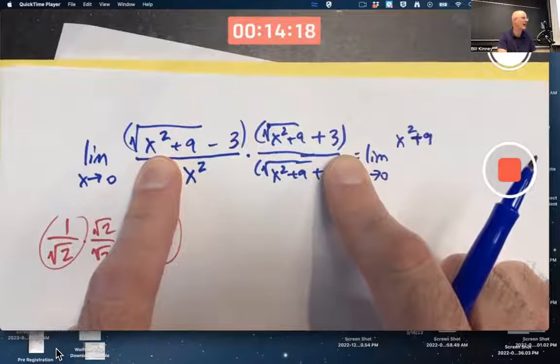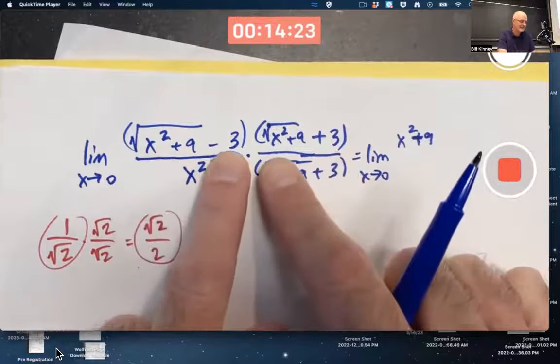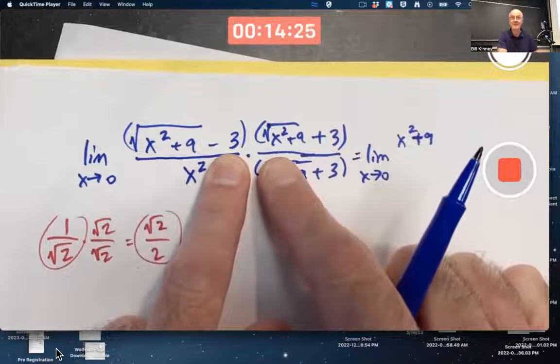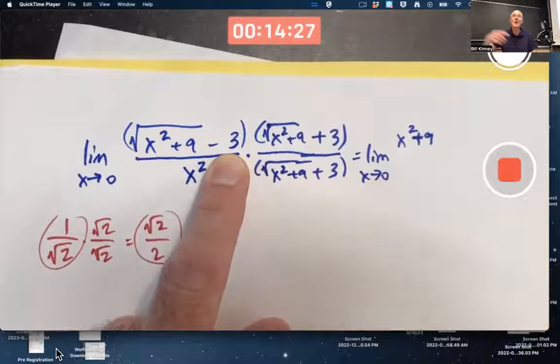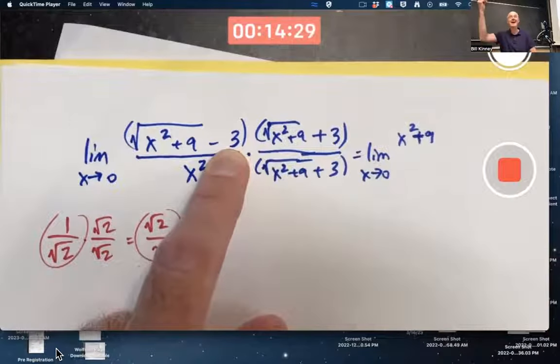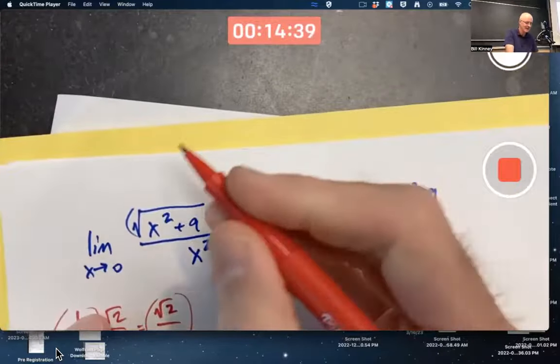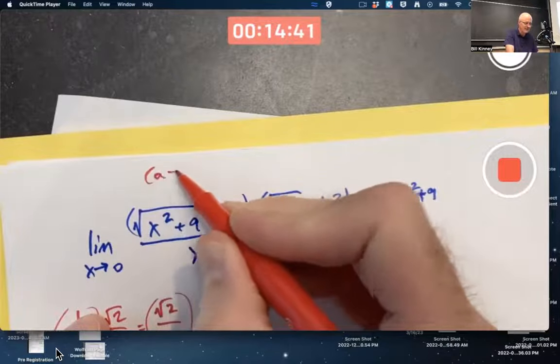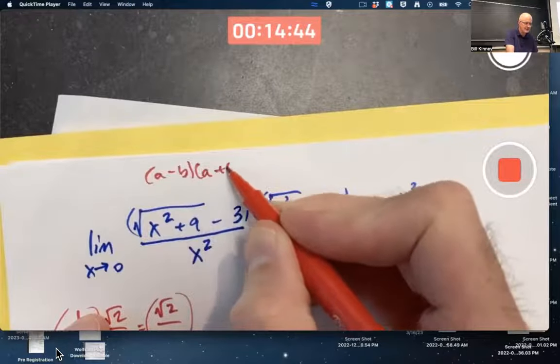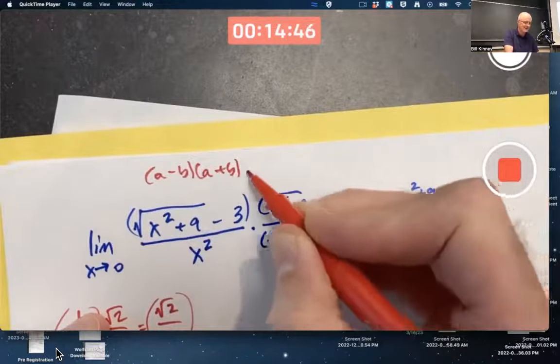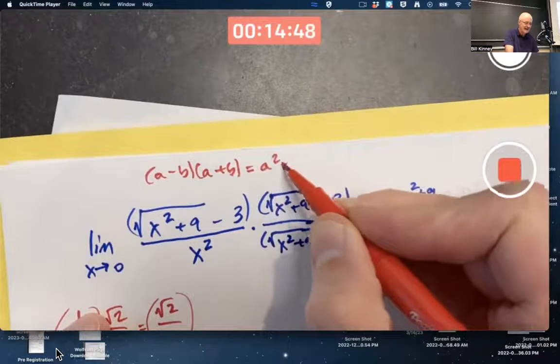The square root didn't go away, but because I put a plus sign there, the inside product is -3 times square root of x squared plus 9. The square roots cancel. Oh, this is a beautiful trick. The outside and inside terms cancel. I am effectively using the fact that when I multiply a minus b times a plus b, outside and inside cancel.